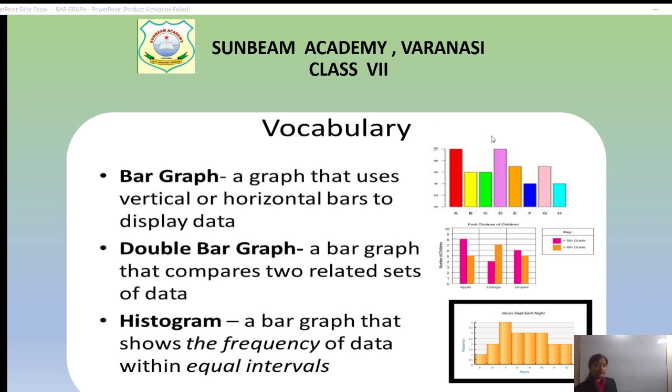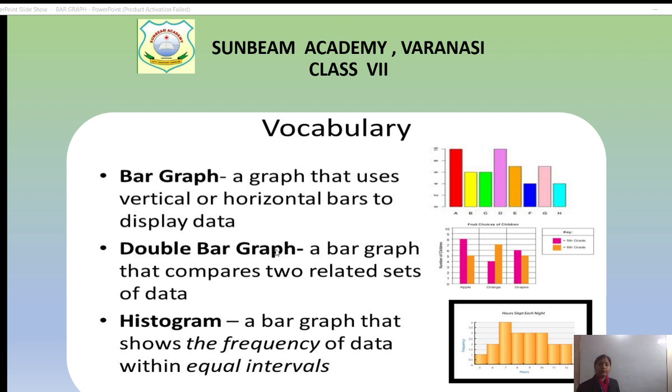If you can see the diagram, children, these are horizontal bars, or we can use vertical bars also, isn't it? Generally we use vertical bars. In this diagram it is a vertical bar. Sometimes we have horizontal bars also. If you compare two related sets of data, then it is called a double bar graph.